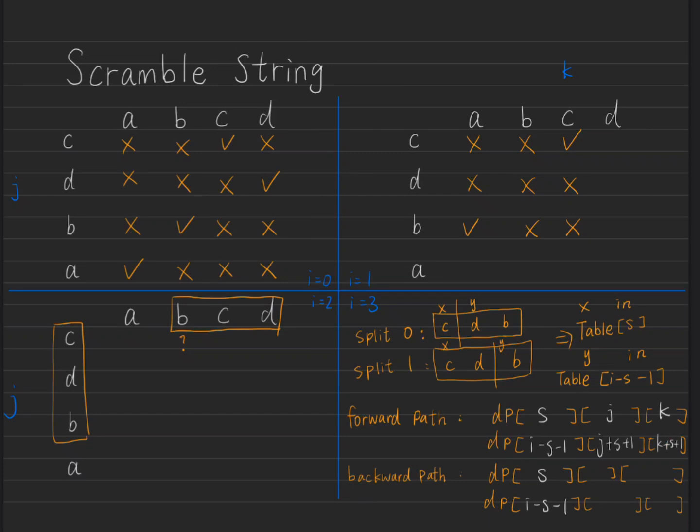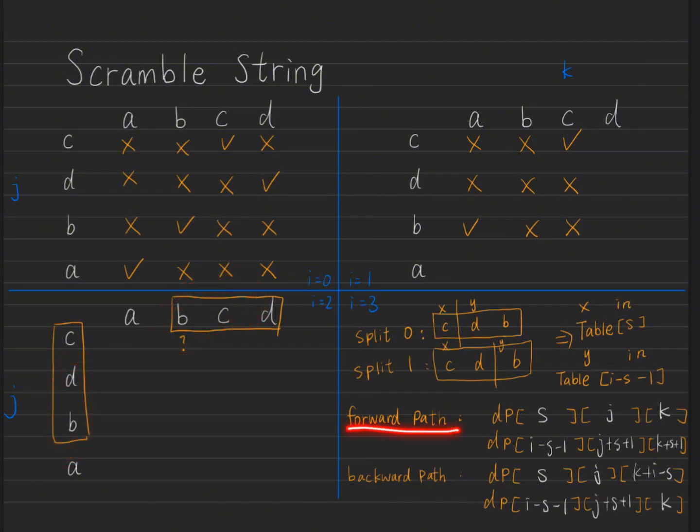Next, in the backward path, we want to verify if X is equal to X prime moved to the right. So j is still the same, but k has moved to the end of the current string minus the split index. And that is k plus i minus S. And finally, we should check if Y is equal to Y prime moved to the left. So j is j plus the split index and k is the original k.